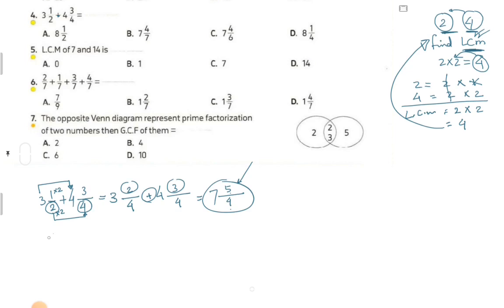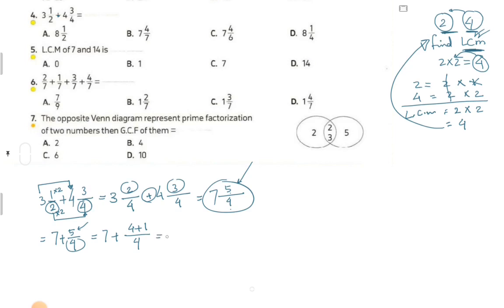Like that. Equal 7 plus 5 over 4. Equal 7 plus, now I have to regroup 5 to a number that is a multiple of 4. 4 plus 1 divided by 4, right?